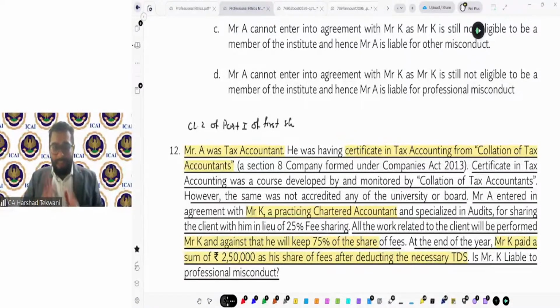That is a sharing of fees, providing commission to Mr. A. Mr. K is keeping 75% and providing 25% commission to Mr. A. Means CA in practice is providing commission.